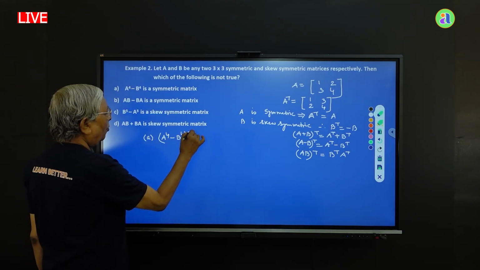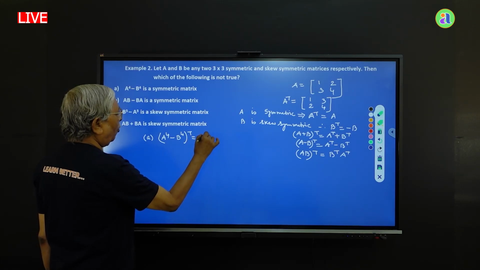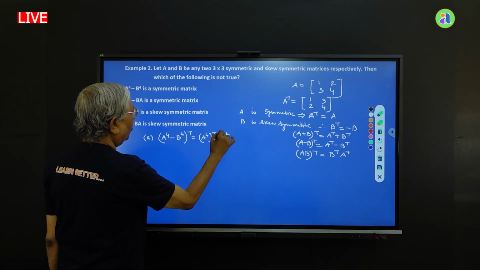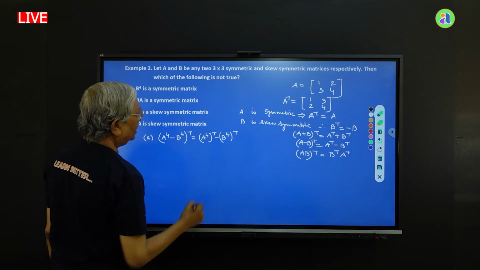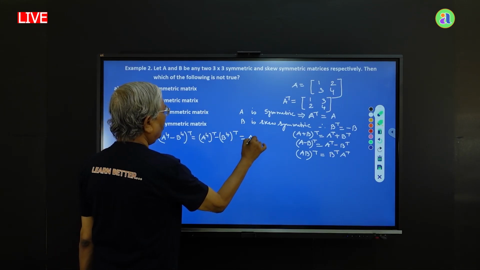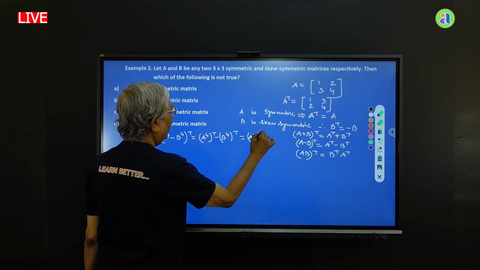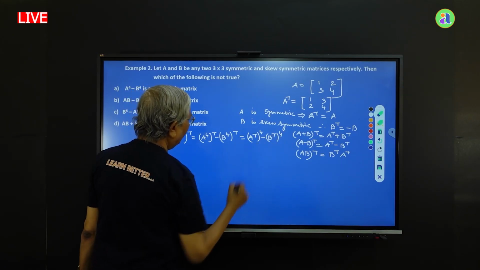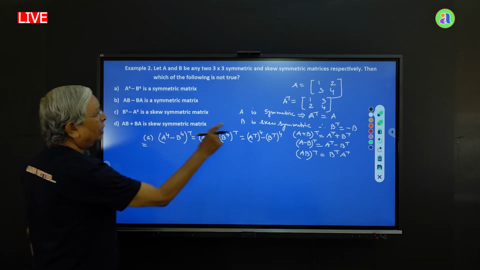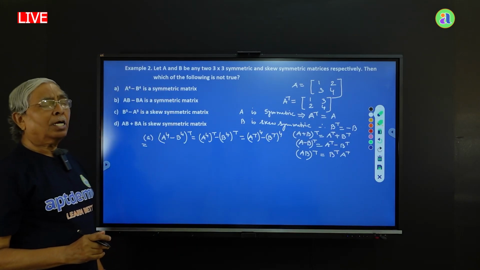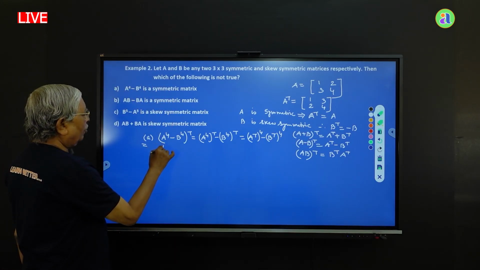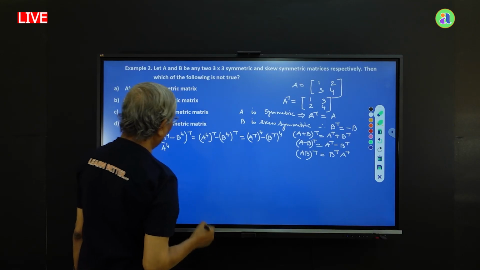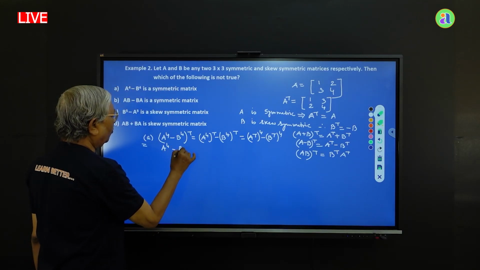This whole transpose, you can write as (A to the power 4) whole transpose minus (B to the power 4) whole transpose, and this you can write as (A transpose) whole to the power 4 minus (B transpose) whole to the power 4. We are given that A transpose equals A and B transpose equals minus B, so this is A to the power 4 minus (minus B) to the power 4.